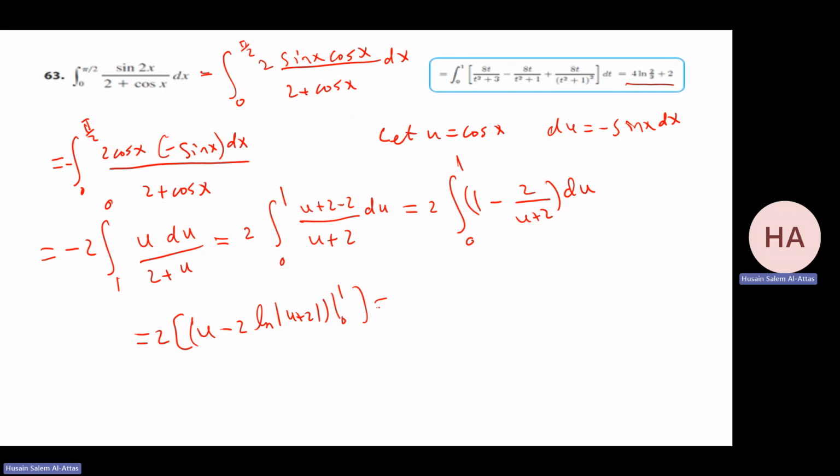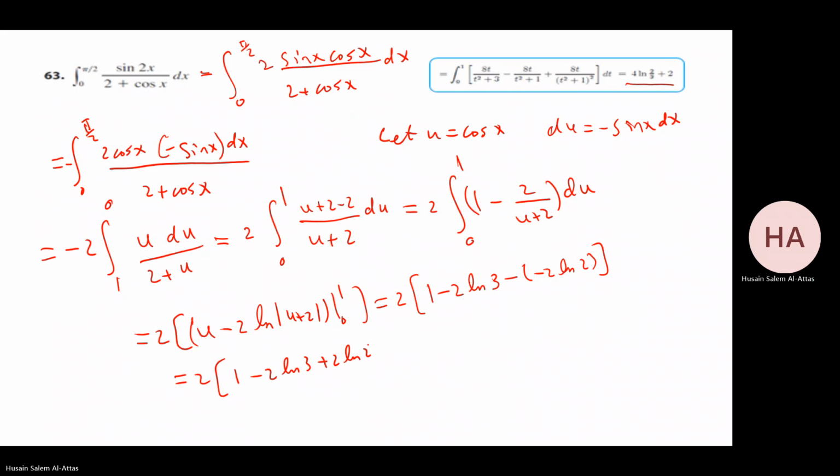Substitute the 1: that is 1 minus 2 ln 3, minus 0 minus 2 ln 2. So that is 2 times 1 minus 2 ln 3 plus 2 ln 2.